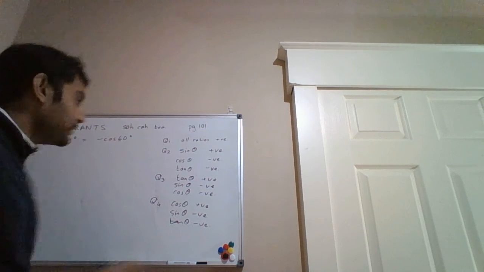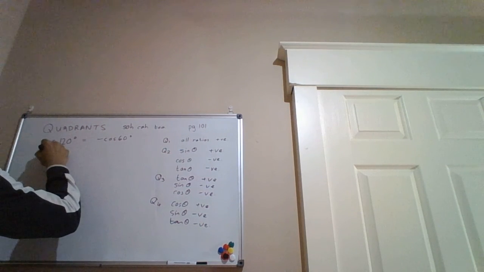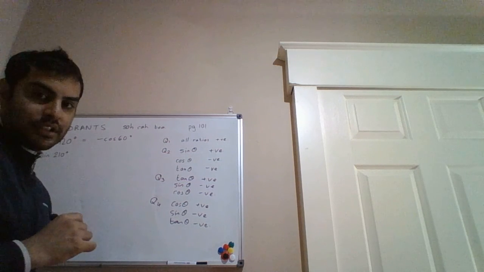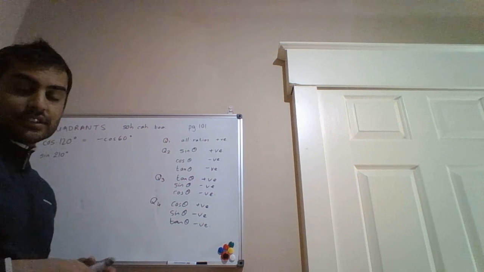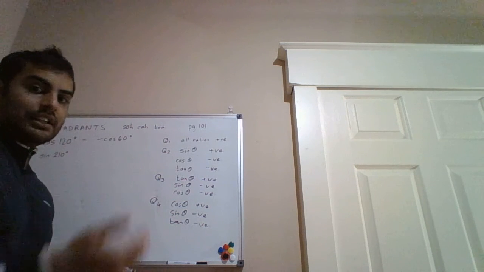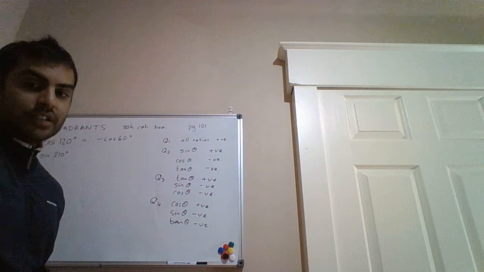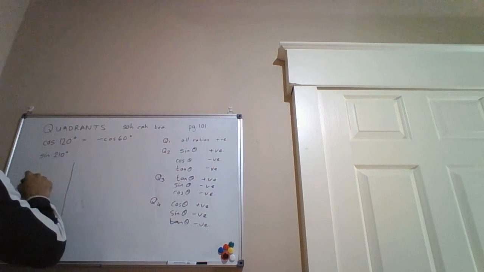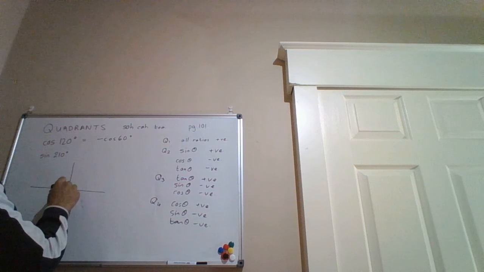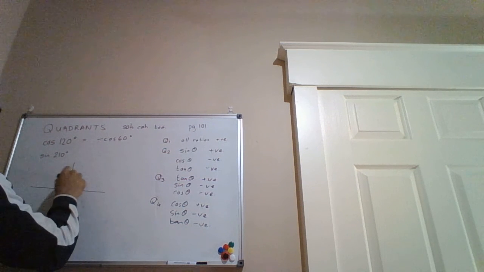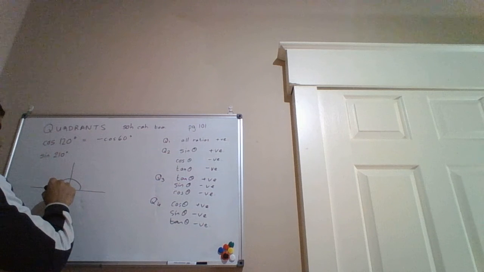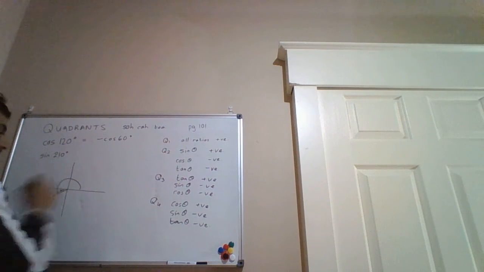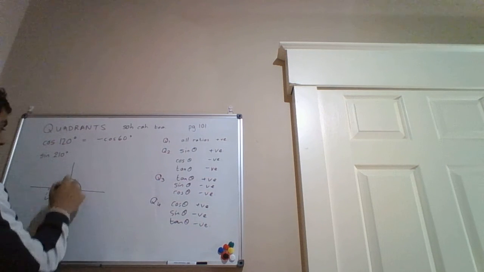Let's look at another example. Sine of 210 degrees. 210 degrees is greater than 180 degrees, less than 270 degrees, so it lies in our third quadrant. If we were to draw this angle, we've got 180 plus 30. So this little angle is 30 degrees.